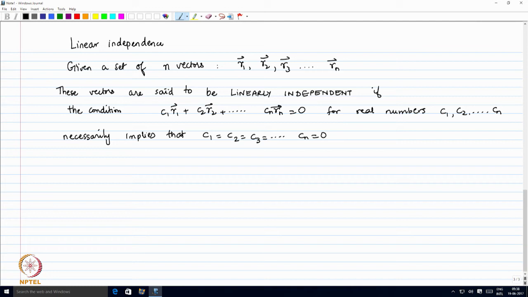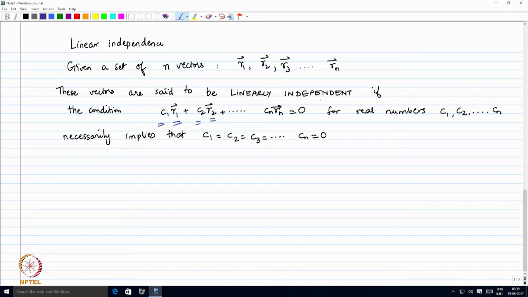Now, a few things I should mention. What we did here, we multiplied R1 by a scalar C1, and then we took vector R2 and multiplied it by another scalar C2, and we added up these vectors. Similarly, we did that for all the remaining vectors. This is called a linear combination.